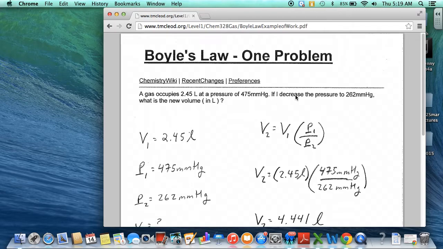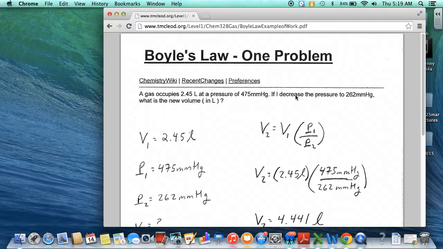So the balloon is at an initial condition with the variables, and those are what the subscript 1 means. And then you decrease the pressure, and now you have the gas in a new condition, condition 2. And that's why it's subscript 2.